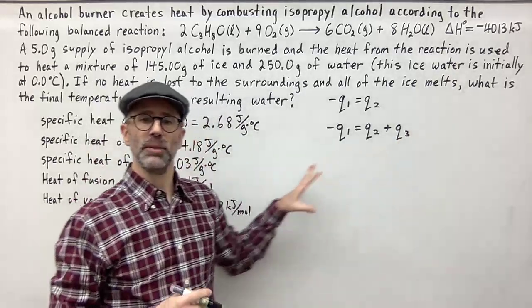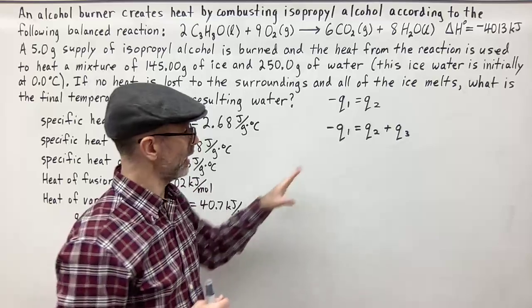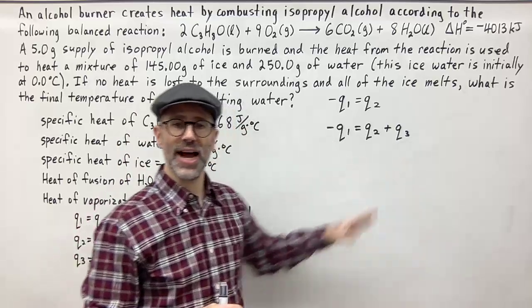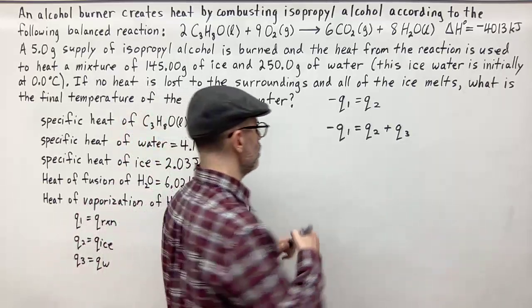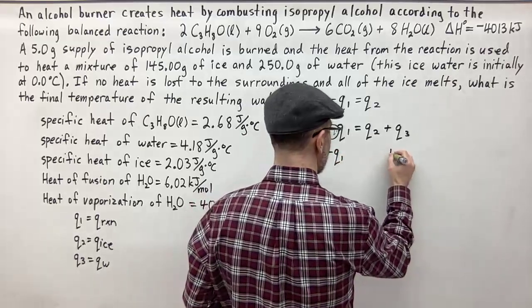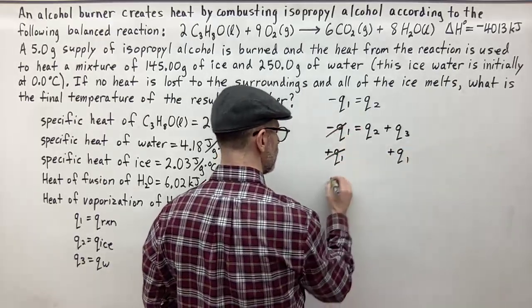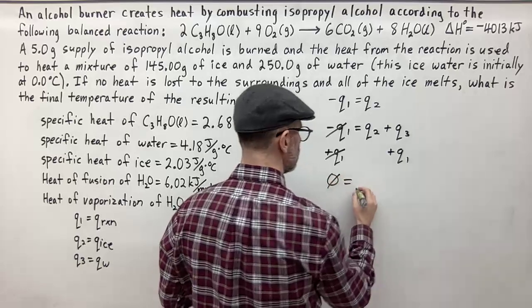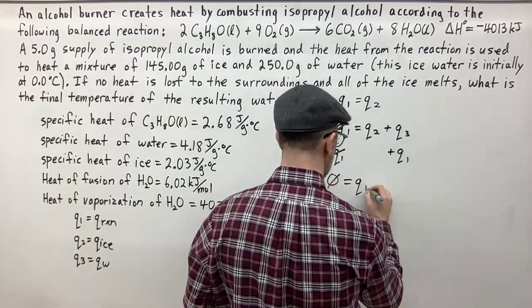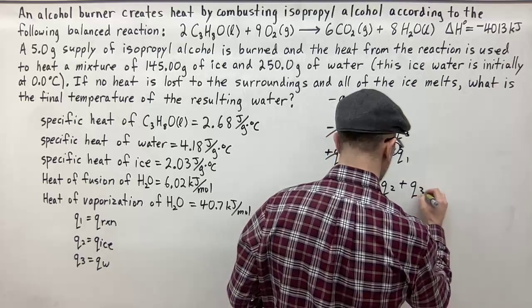And so then you could plug everything into this equation and solve. That's fine. I like to move everything over to one side and have it equal to 0. So I'll add Q1 to both sides, and then this is going to cancel out. That's going to become 0, and that's going to be equal to Q1 plus Q2 plus Q3.